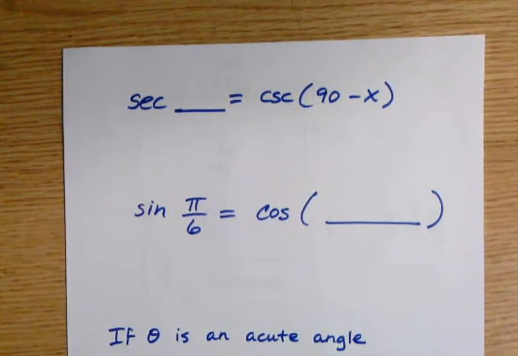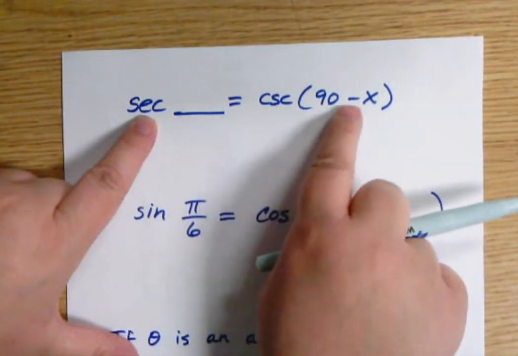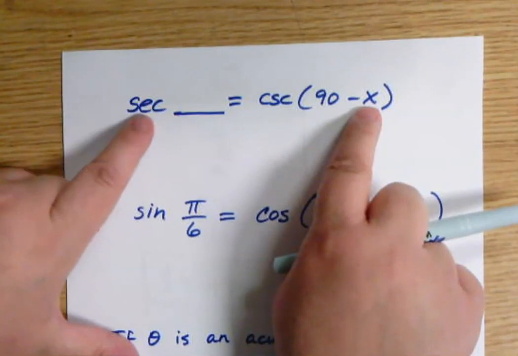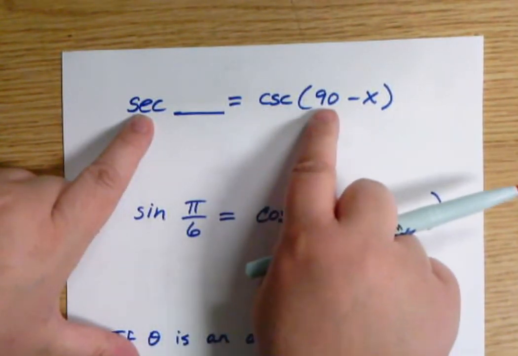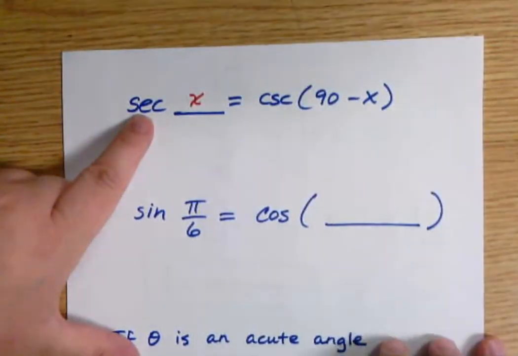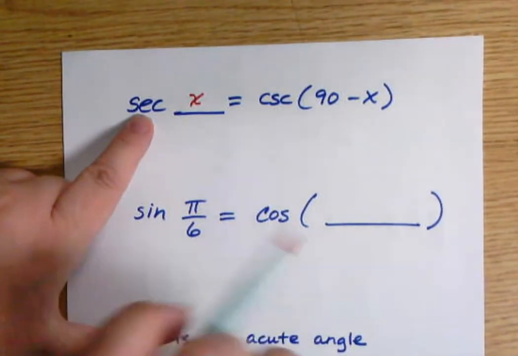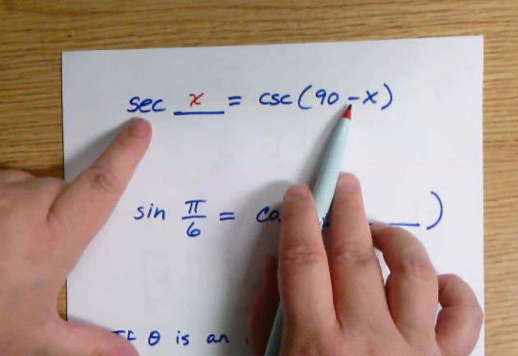So last but not least, we're going to go ahead and use cofunctions to complete some statements here. The secant of what is equal to the cosecant of 90 minus x? Secant and cosecant are cofunctions. So if we're talking about the cosecant of 90 minus x, that's the secant of x, because x and 90 minus x are complements.